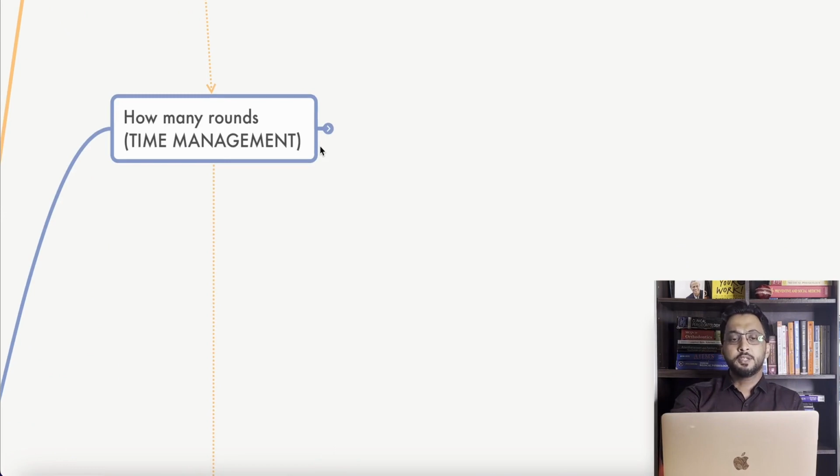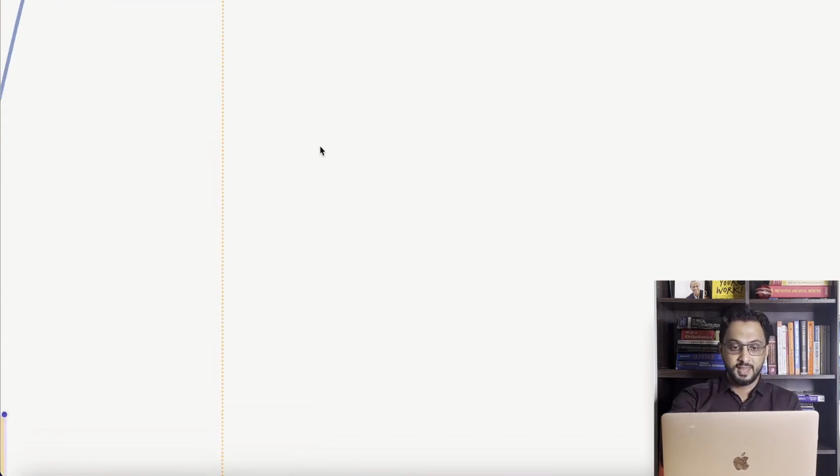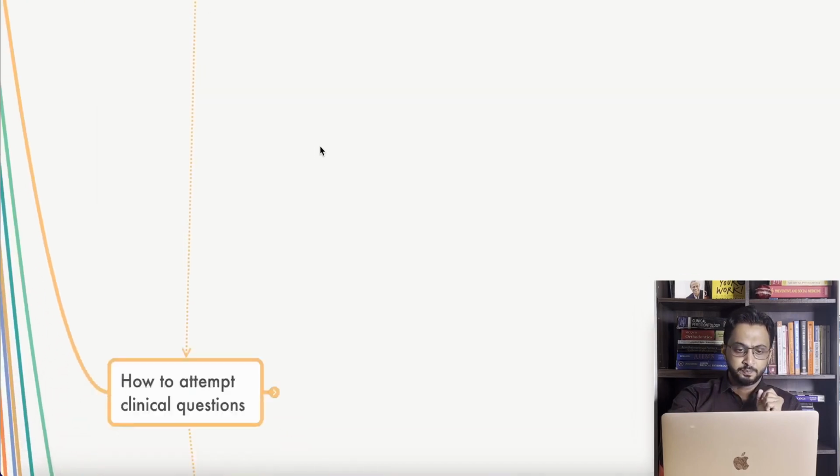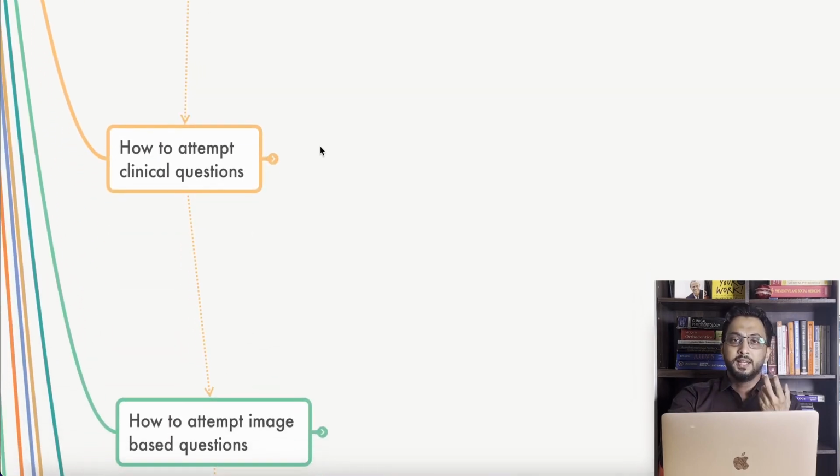Now, time management. How many rounds should I take to attempt the 240 questions? Very important. Now, how many questions to attempt? This is based on toppers' experience: how much did they attempt and what ranks did they receive based on that. Now, how to attempt clinical questions?